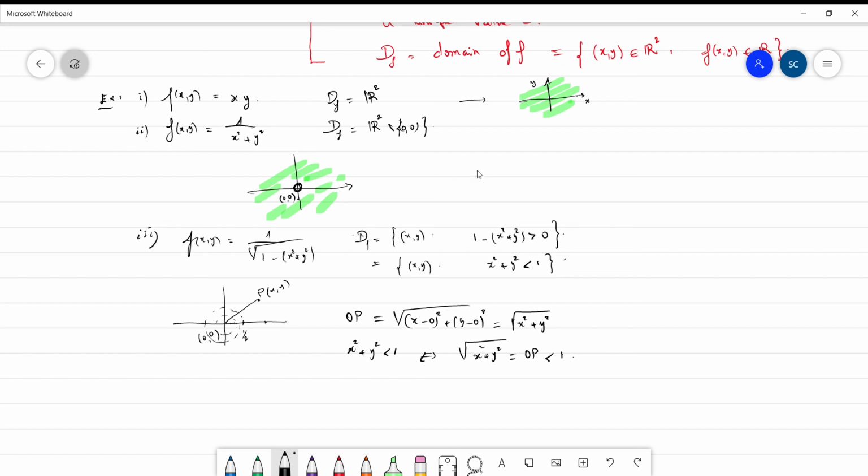Reaching 1, equal to 1, includes the unit circle. But if I want strictly less than 1, I consider only the interior points of the unit disk, excluding the boundary.